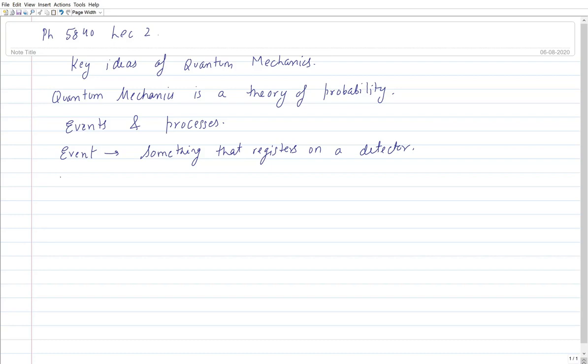And what is a process? A process is the way, or alternative, by which the event happens.